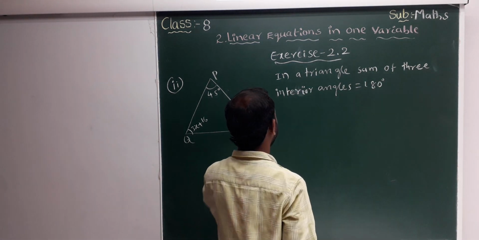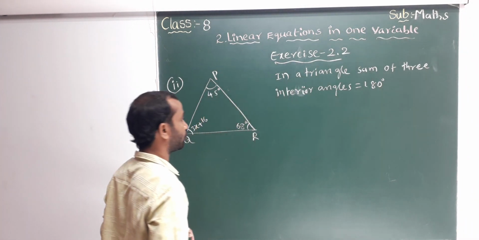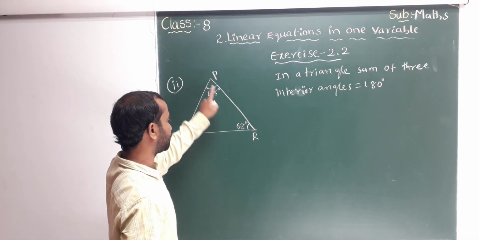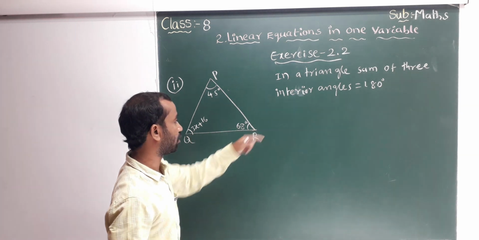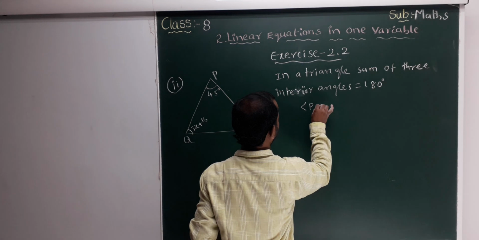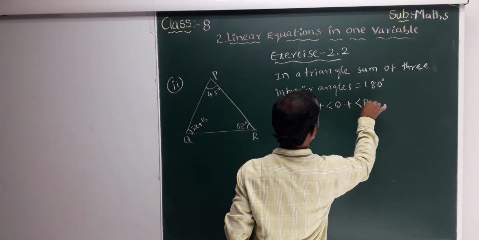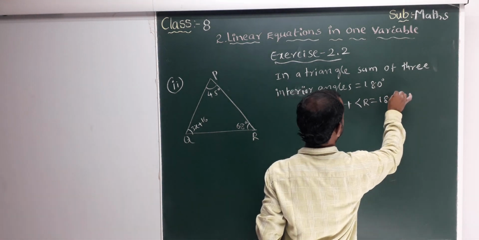Okay. In a triangle, the sum of three interior angles equals 180 degrees. Angle P plus angle Q plus angle R equal to 180 degrees.